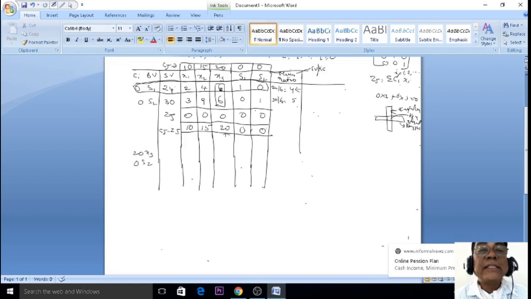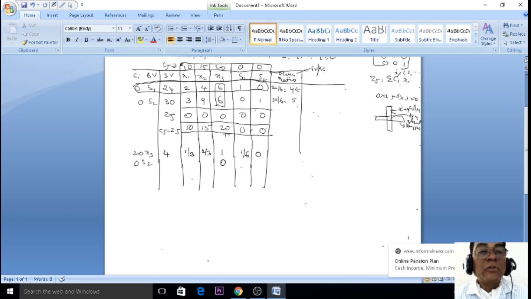Now how to calculate? Take the key element and divide it into the elements present in the key row. 24 divided by 6 is 4. 2 divided by 6 is 1 by 3. 4 divided by 6 is 2 by 3. 6 divided by 6 is 1. 1 divided by 6 is 1 by 6. 0 divided by 6 is 0. Once you get 1 for the key column, the remaining values are 0 because these are connected to the unit matrix.